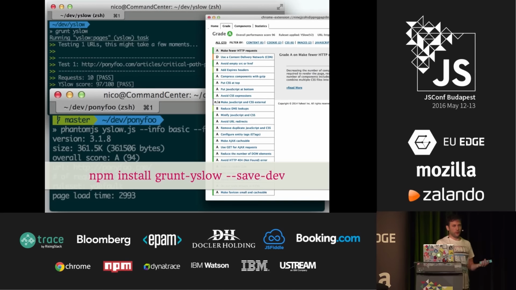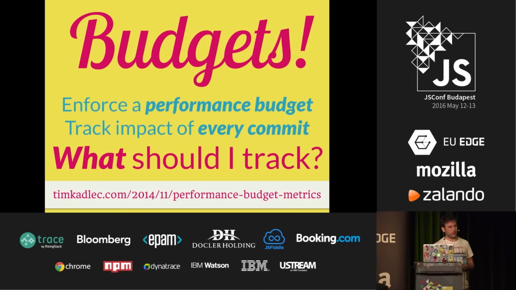So what do we do with all these measurements, right? We know our site is slow now, so what can we do about that? Well, the first thing that I recommend is setting up a performance budget. And this basically helps you track the impact of every commit.